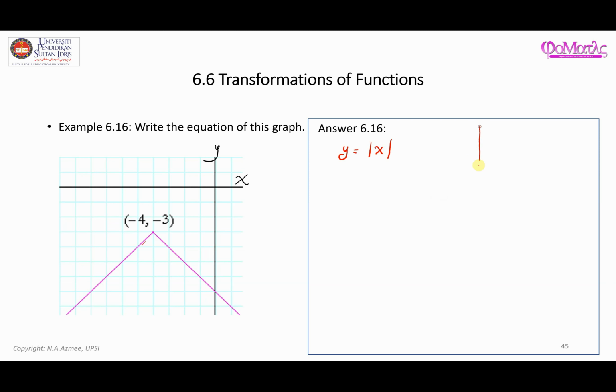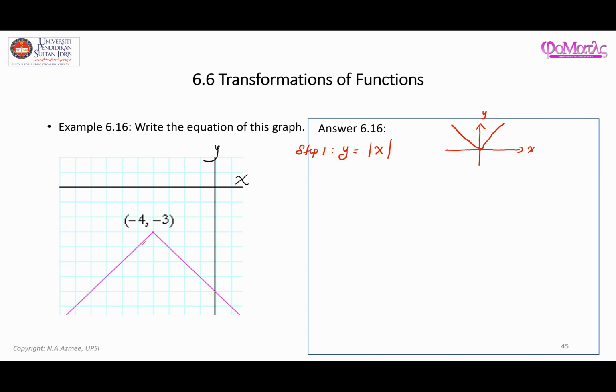This graph is simply a v-shaped straight line where the minimum point is at (0, 0). So this is x, this is y. This shape could be our starting point.